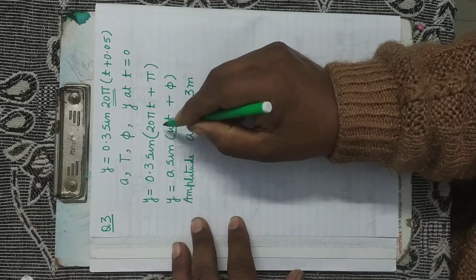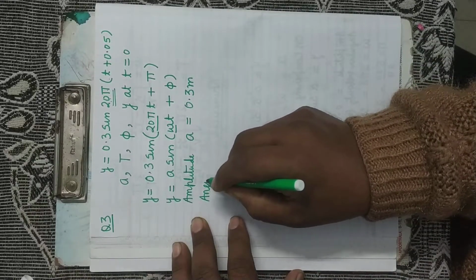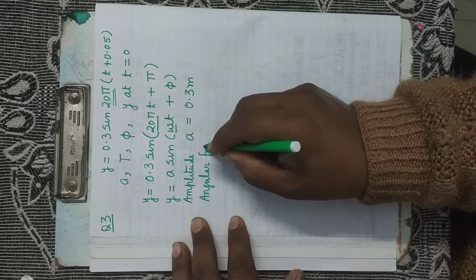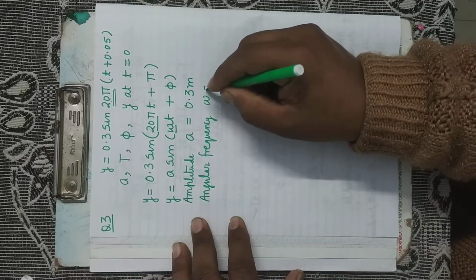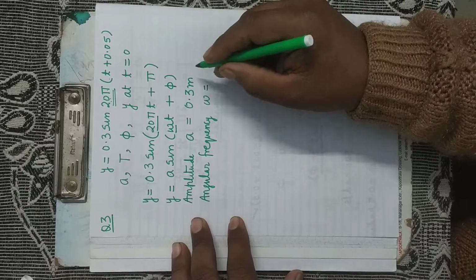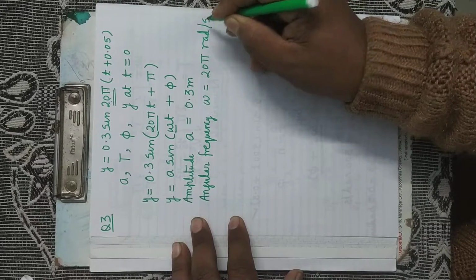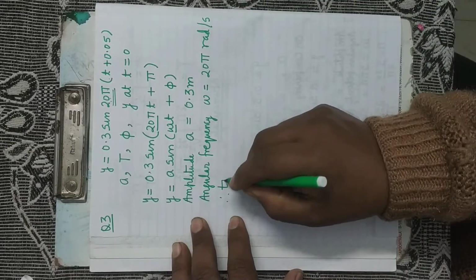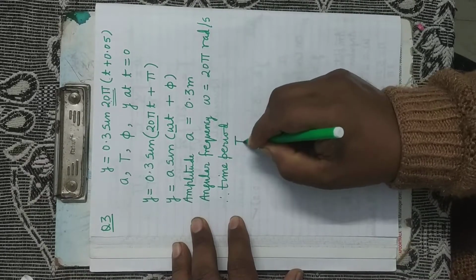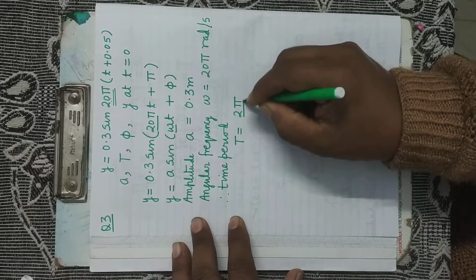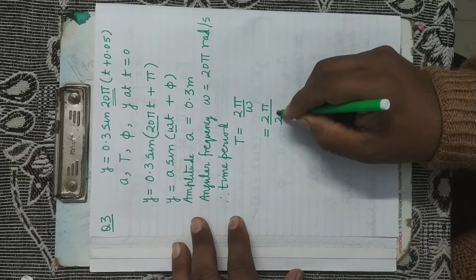So here you can see that omega is 20 pi. So angular frequency or angular velocity, anything you can say, is 20 pi. What will be its unit? Radian per second. In the previous question I told. Therefore time period T equals 2 pi upon omega. You simplify. 2 pi upon omega is how much? 20 pi.